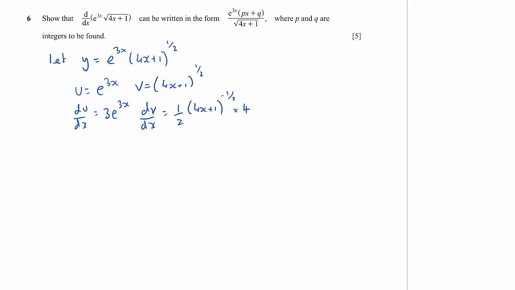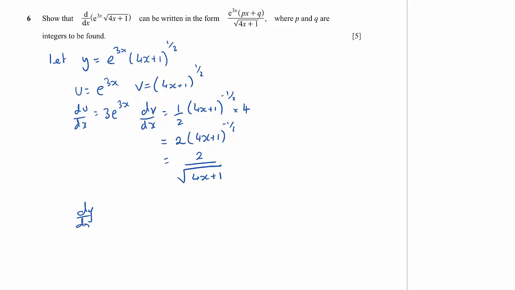So that will be a 4, so that tidies up to be 2, 4x plus 1 to the negative a half, or 2 over the square root of 4x plus 1.